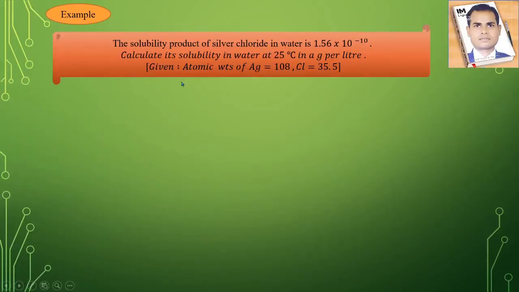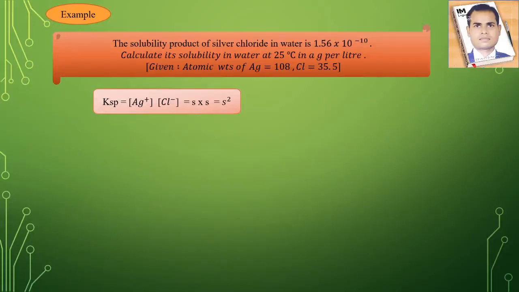Now atomic weights are given for the two elements, silver and chlorine. So for the Ksp, that formula we can use for the calculation of solubility product: Ksp = [Ag⁺] × [Cl⁻] = s × s = s².